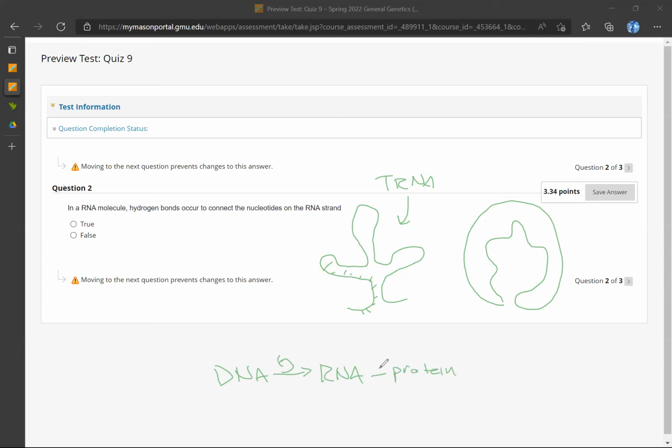And during this phase, when we are translating, RNA, a special kind, transfer RNA, folds up onto itself. And all these lines I'm drawing are individual nucleotides. And so yes, they do connect to each other, but they are not bound together.